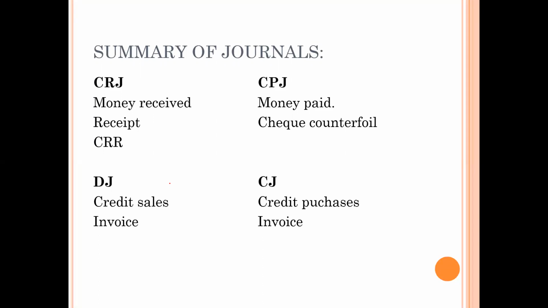If it says an invoice was issued, at least you will know it's between the Debtors Journal or the Creditors Journal. Then you need to look more closely and decide whether it is about credit sales or credit purchases. That is why summarizing the journals is very important. But remember, guys, we're going to concentrate now only on the Creditors Journal, so it's about credit purchases, and an invoice is going to be your source document.